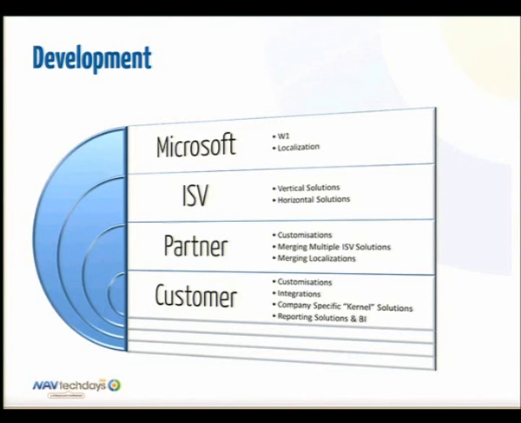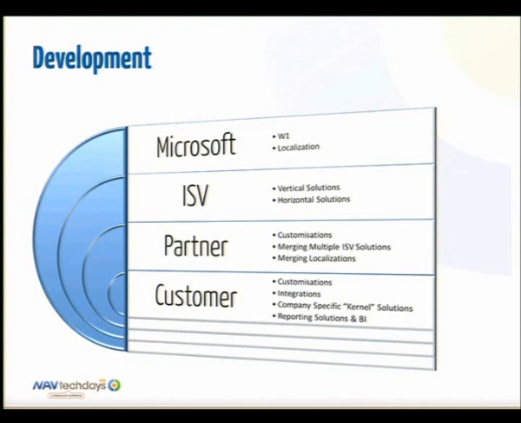A customer, especially in the year 2011 and the years to come, has a big opportunity and a big request of integrating the product. So a customer typically starts to integrate Dynamics NAV with its other applications.